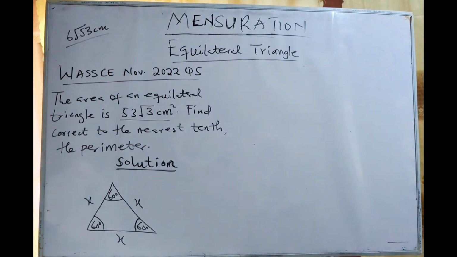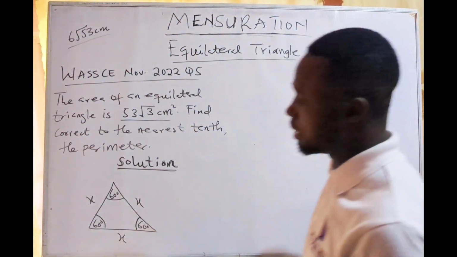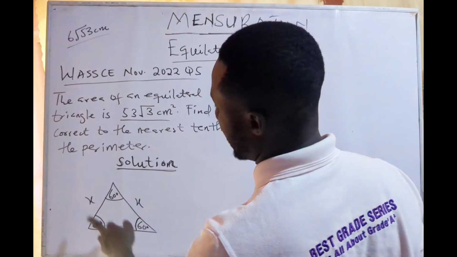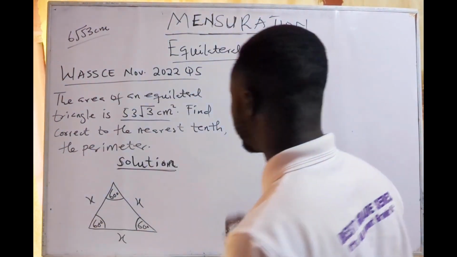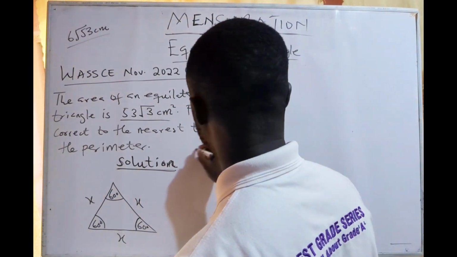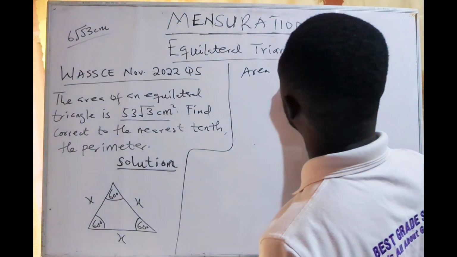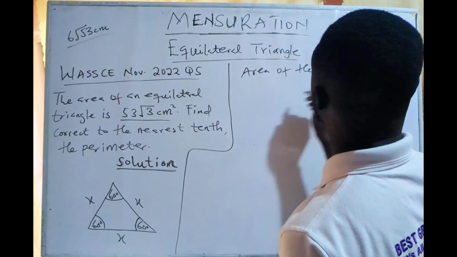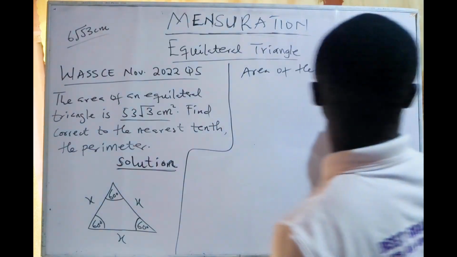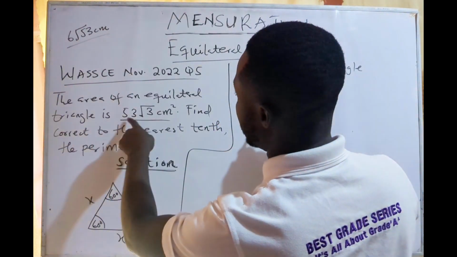If you know one of the angles, then how do you find the area? The area is half times this x times this x times the sine of the angle here. So the area of the triangle, what is the area given in the question?